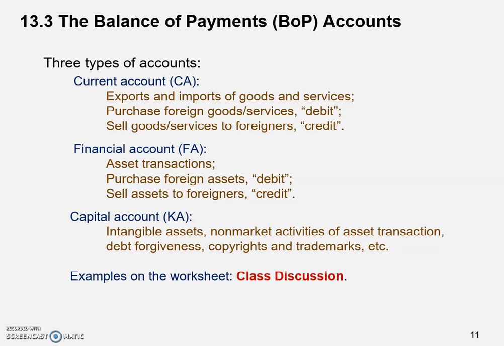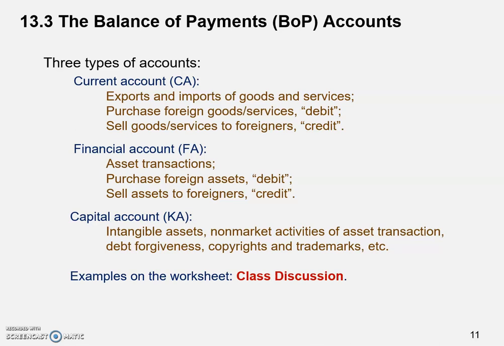But one thing I should mention is that sometimes a financial professional would say there are only two types of accounts, which are current account and financial account. That classification is also correct. This is because, at least for the U.S., the transactions recorded in the capital account are pretty small in terms of dollar amount.